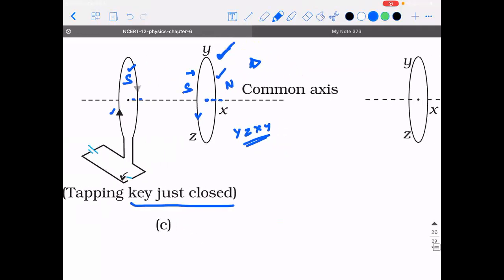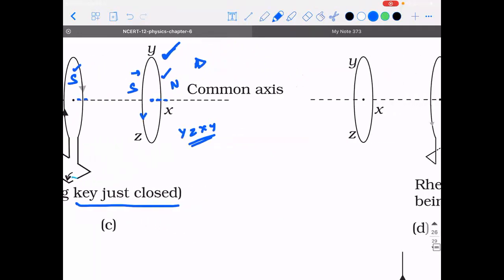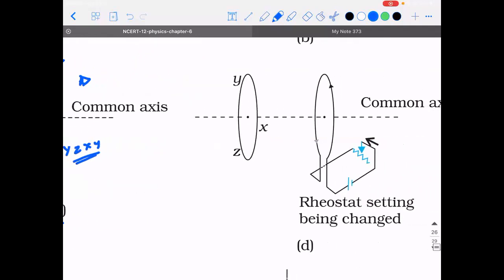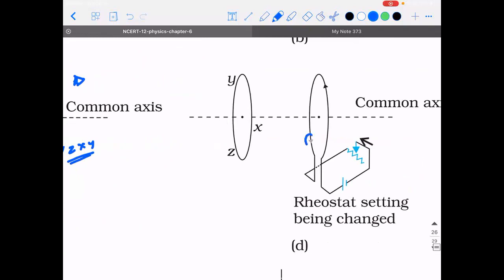It's slightly tricky, right? By now, I hope you understood how to look at the coils. Generally, if they give an arrow mark like this, that is away from you.